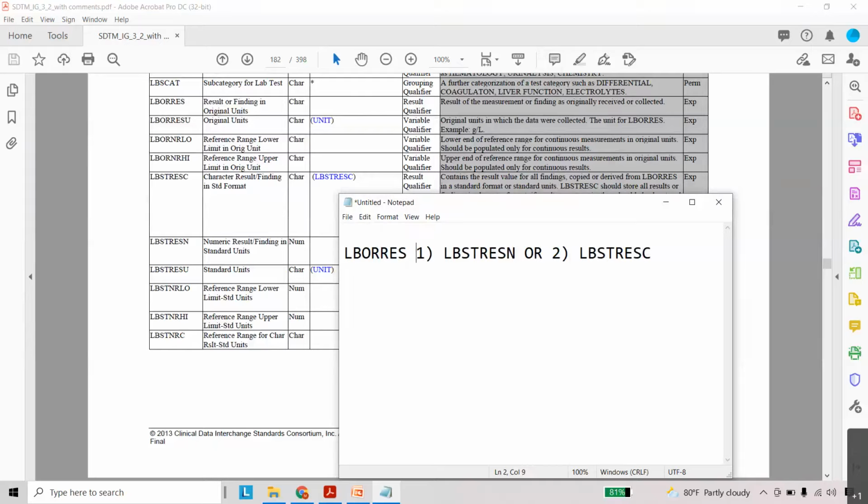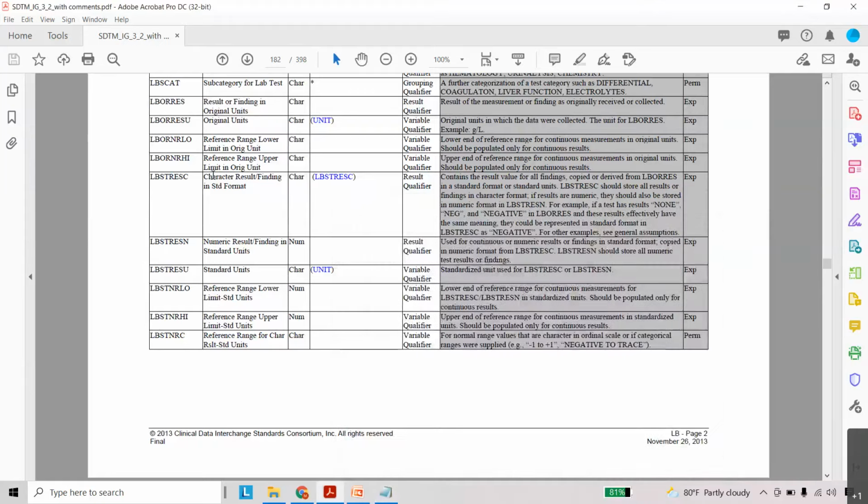What I want to tell you is LBORRES is a character variable, but LBSTRESN is a numeric variable, and there might be chances that some values in the LB original results are character. So the character values move to LBSTRESC. That is called laboratory standard results: character results findings in a standard format.